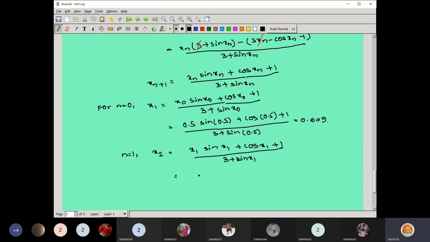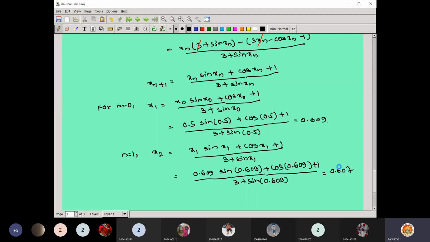So there you are substituting x1, 0.609 multiplied by sin of 0.609 plus cos of 0.609 plus 1, total divided by 3 plus sin of 0.609. So take the help of your calculator and find out its value. 0.607, right? Okay.